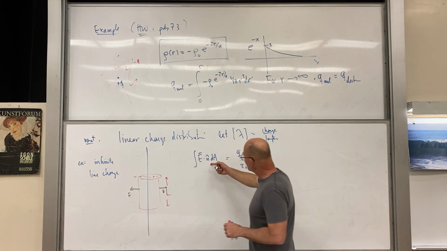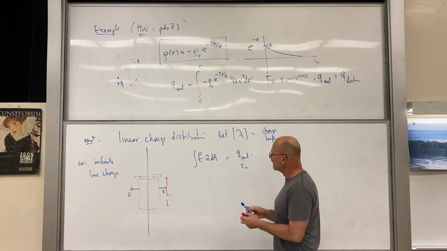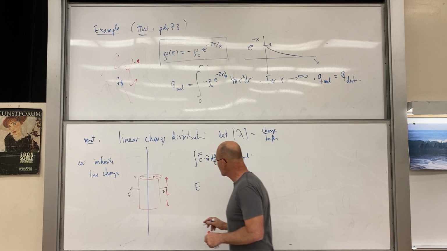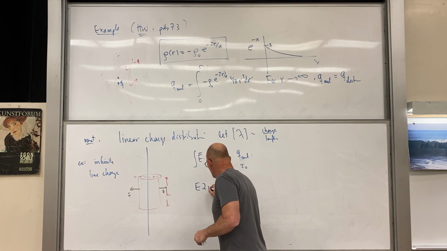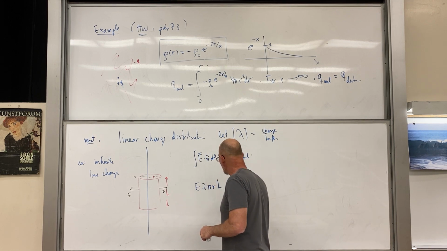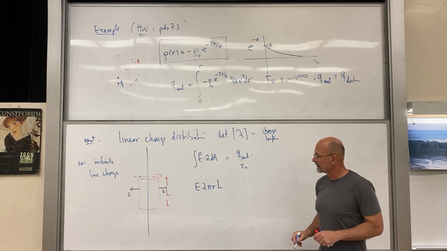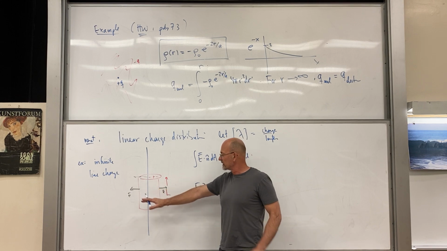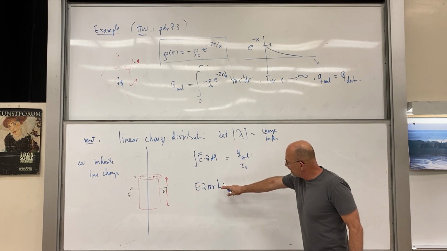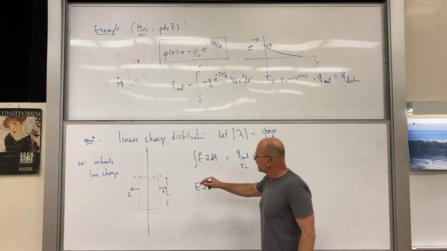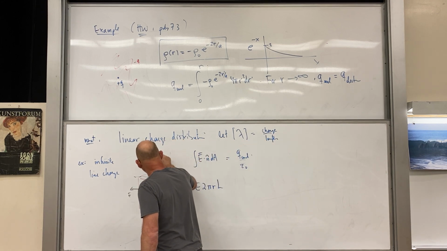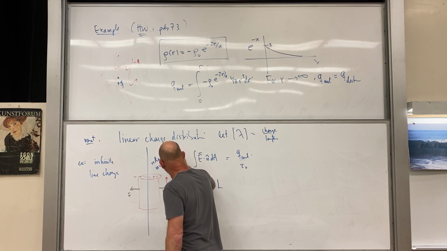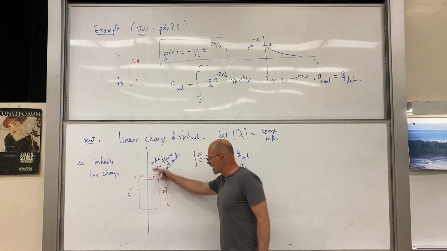Okay. So this flux integral is just going to be E times the surface area, which is just 2 pi r times L. Okay, so it was the symmetry consideration that told us the direction of the E field. Okay. So the left side here, 2 pi r L, so I'll just put a note here, no flux at the ends, neither the top nor the bottom.